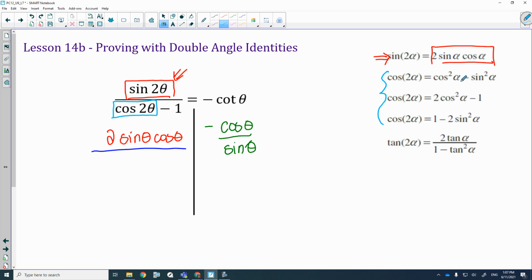So for this example, I'm going to choose this third form, this identity here. And I'm going to take the double angle of cos out, and I'm going to replace it with 1 minus 2 sine squared of theta. So 1 minus 2 sine squared of theta. And I'm going to bring down this minus 1.